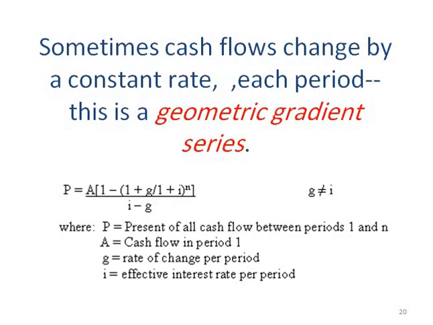When you want to get the present value, you will be using this equation only, where P is the present value, A is the annuity, G is the rate of change. If I'm raising my salary by 20%, G will be 20%. I is the interest rate.